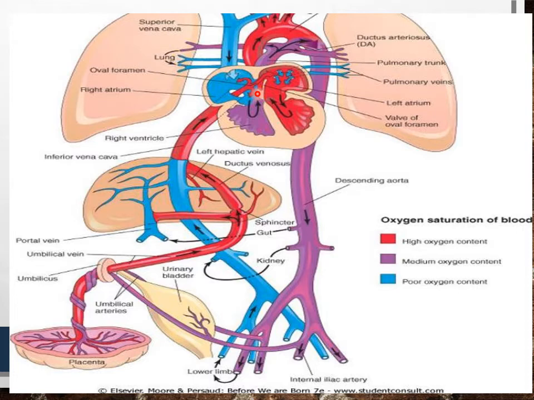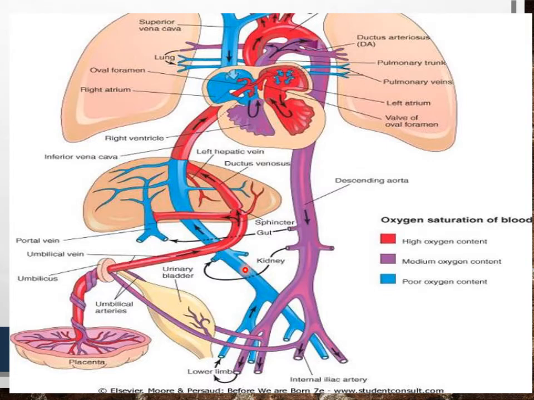And there is the mixture of the blood which is returning from the lungs. So from the lungs, at this site, at the entrance of the ductus arteriosus into the descending aorta, here is again some mixing of the blood with unsaturated deoxygenated blood.